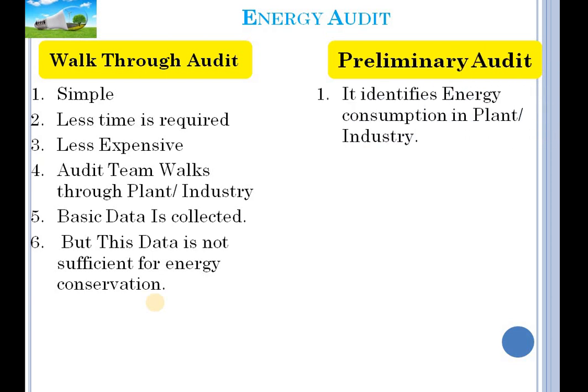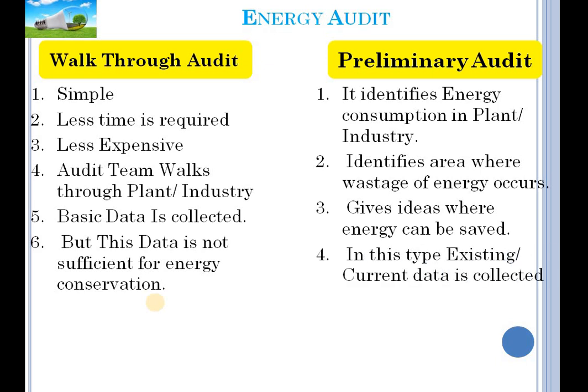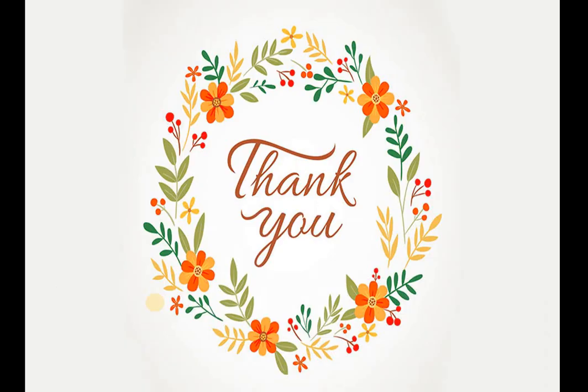Next is the detailed preliminary audit. It defines energy consumption in a plant or industry, identifies areas where wastage of energy occurs, obviously by detailed observations. Next, it gives ideas where energy can be saved. In this type, existing current data is collected.